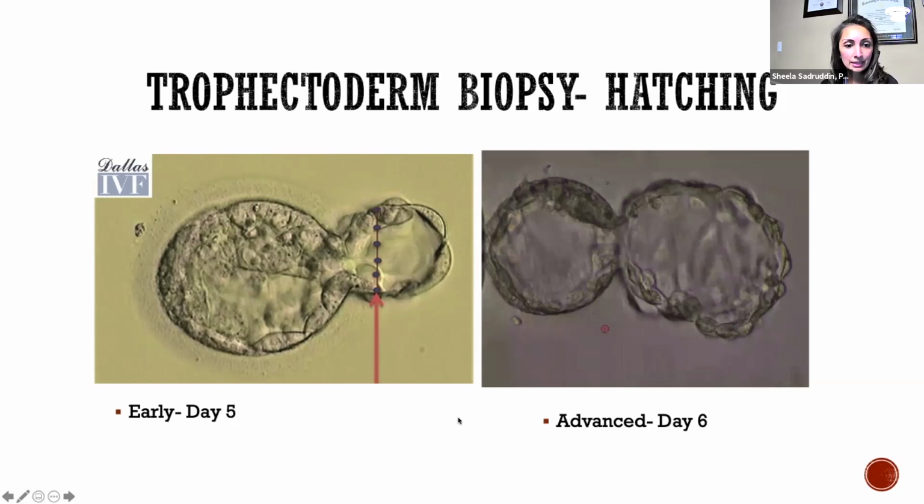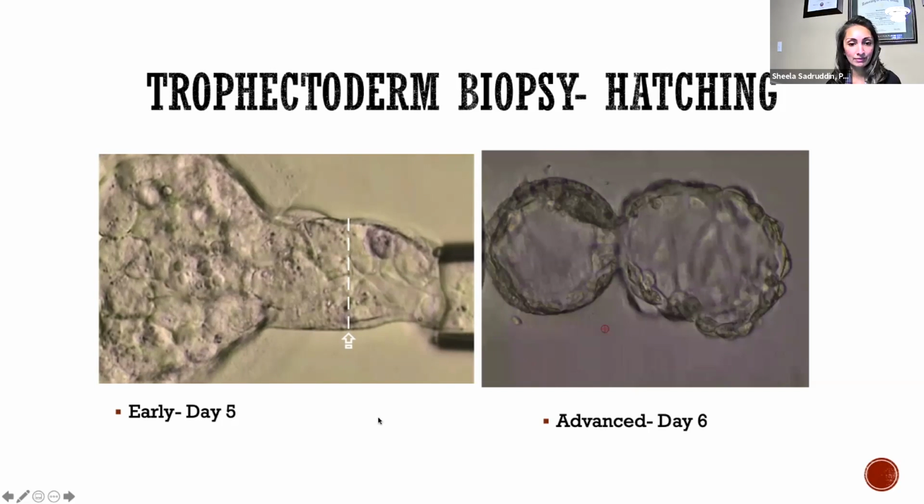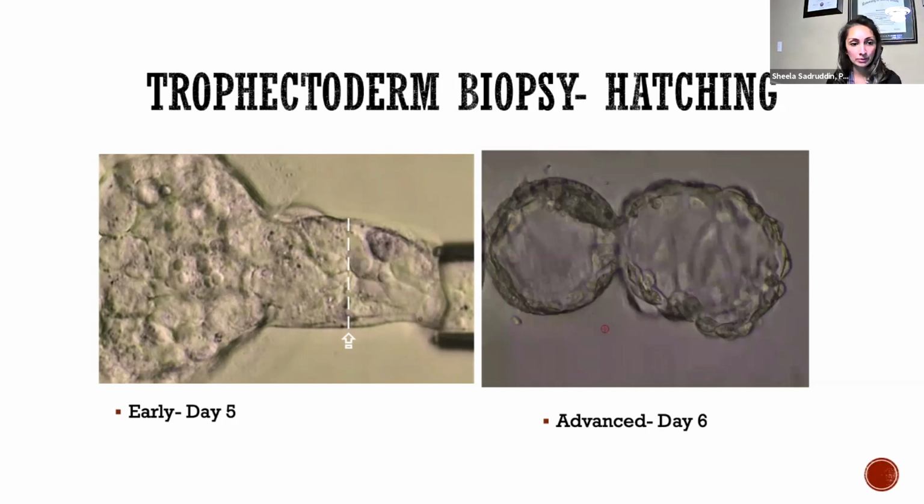And here you'll see the biopsy procedure, of course, but what I want to focus on is that the trophectoderm cells of this embryo are larger comparatively speaking to the embryo on the right, which is a more advanced day 6 embryo. So in that, you're going to notice the junctions are more visible.